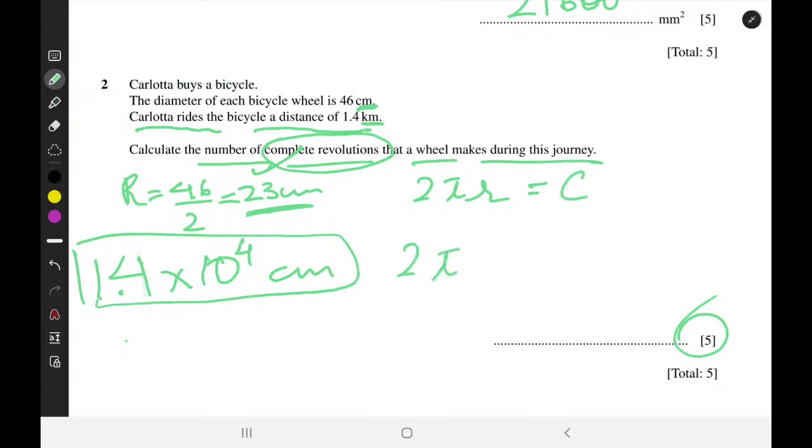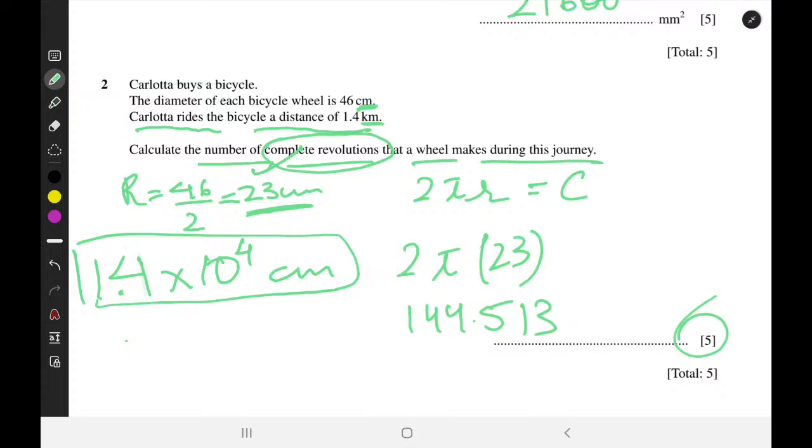So 2 pi and r. What was r? 23. When we calculate this, it's 144.513. So now we know the one circumference.